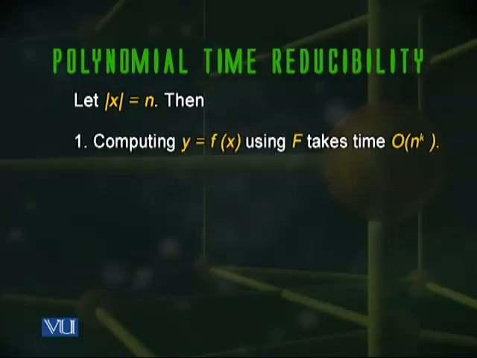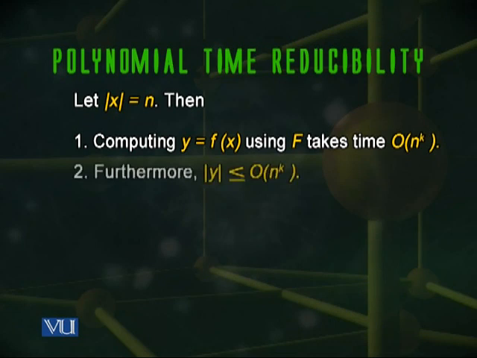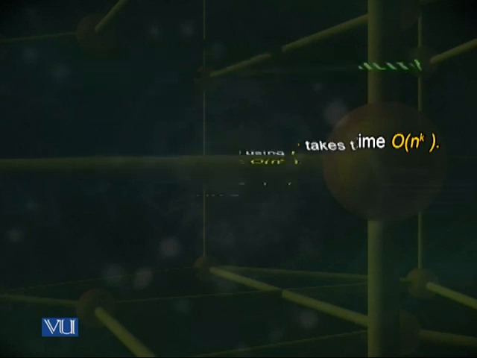Then computing y, which is equal to f of x using the machine capital F, takes time order n to the k. The second thing we notice is that the length of y cannot be very long. It must be less than or equal to order n to the k. That is because if a Turing machine runs for time order n to the k, it cannot produce an output which is longer than the amount of time it spent computing.